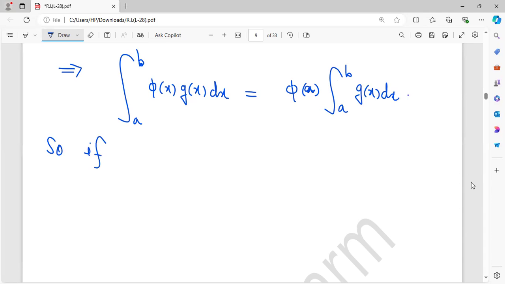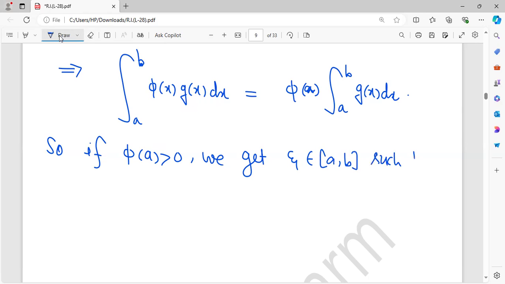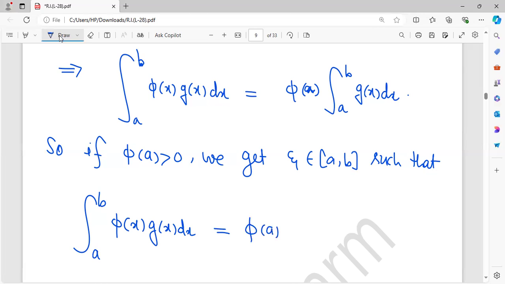So if phi(a) is greater than 0, we get xi belonging to the closed interval [a,b] such that the integral from a to b of phi(x) g(x) dx is equal to phi(a) times the integral of g(x) dx.